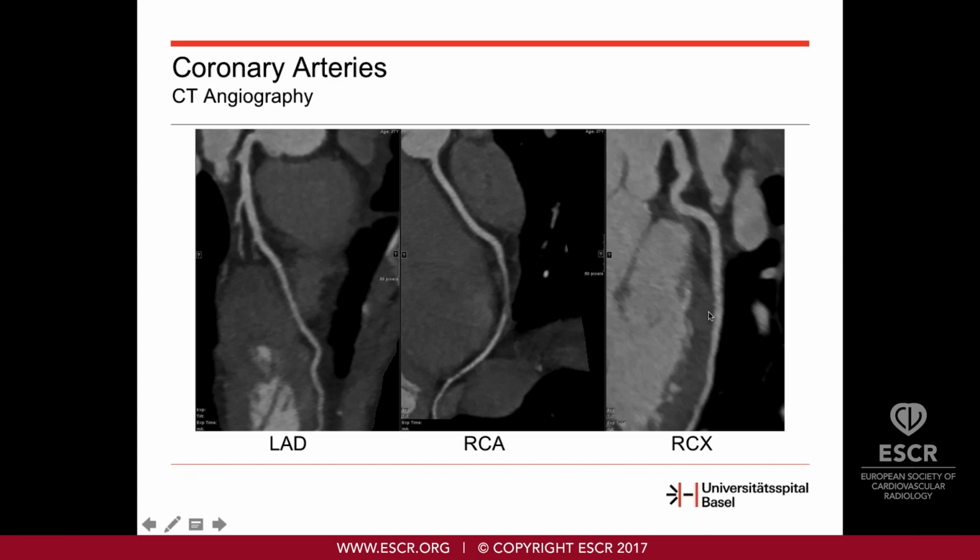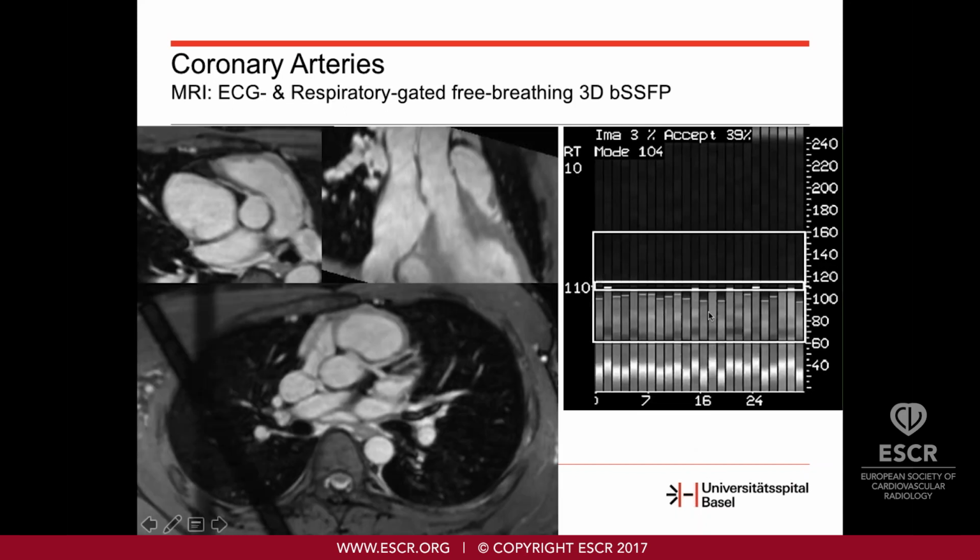We can couple this with coronary angiography. This is the coronary angiography in the same patient, and we can see normal coronary arteries, normal left anterior descending artery, normal right coronary artery, and normal circumflex artery, no evidence of stenosis.